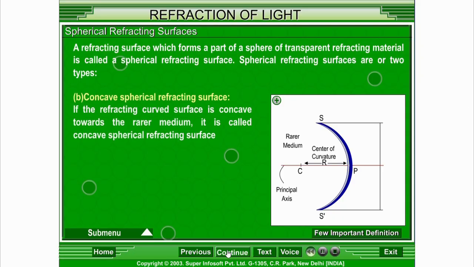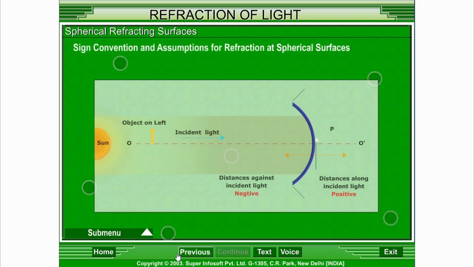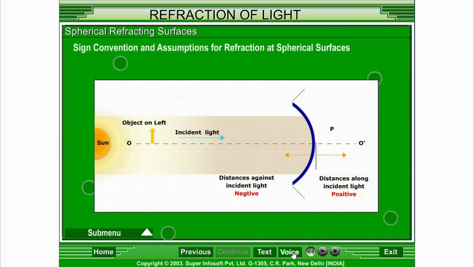Spherical refracting surfaces. Biconcave spherical refracting surfaces. Sign convention and assumptions for refraction at spherical surfaces.